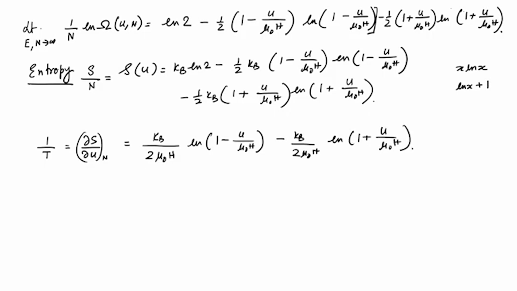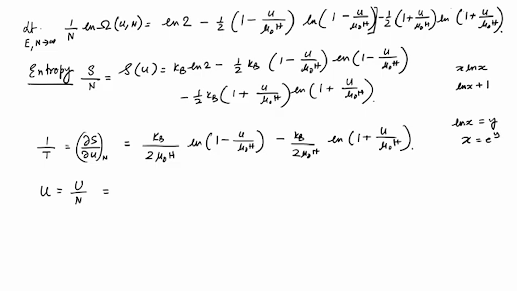You can invert the relationship in order to get u, which is the total internal energy divided by N. A little bit of algebra is required to get this: if you have log of x equal to y, you can write x equal to e to the power y and so on.